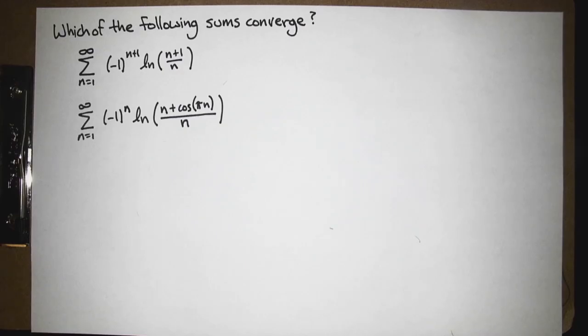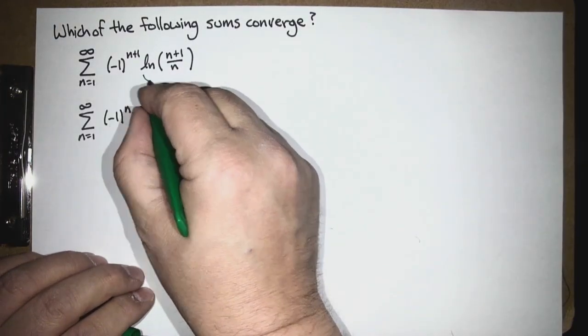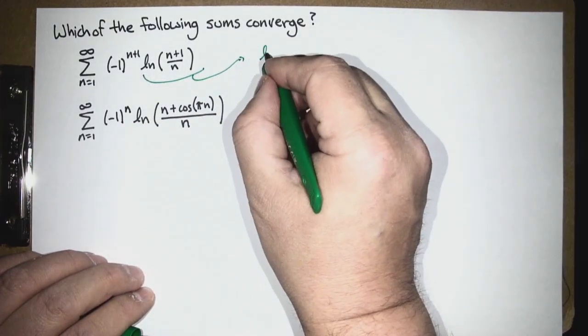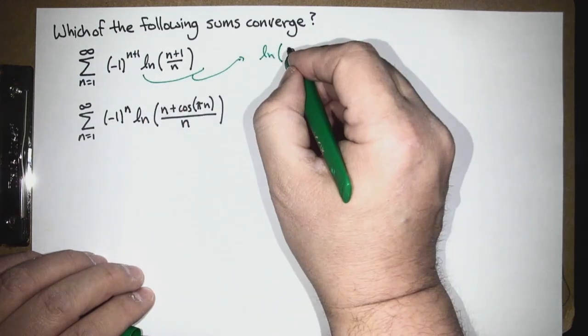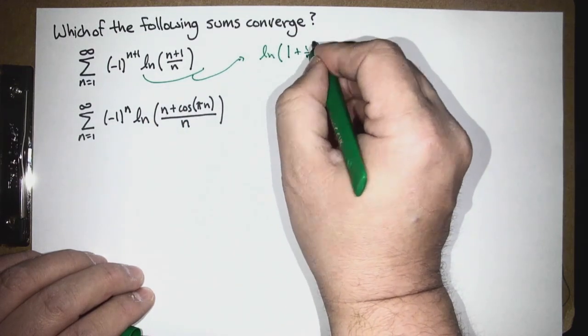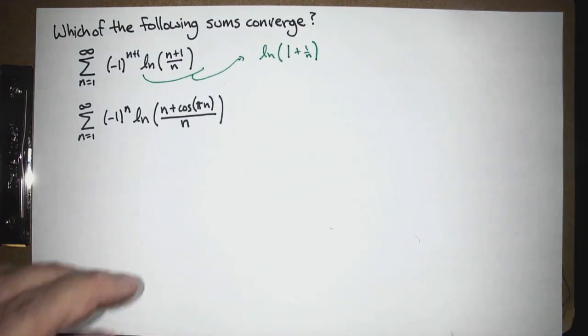And what do we want to be true about that? N plus 1 over n needs to go to 0. Does it? Does log of n plus 1 over n go to 0? If we look at this part, that's the same as log, if we just divide by n, of 1 plus 1 over n. What's happening to 1 plus 1 over n?